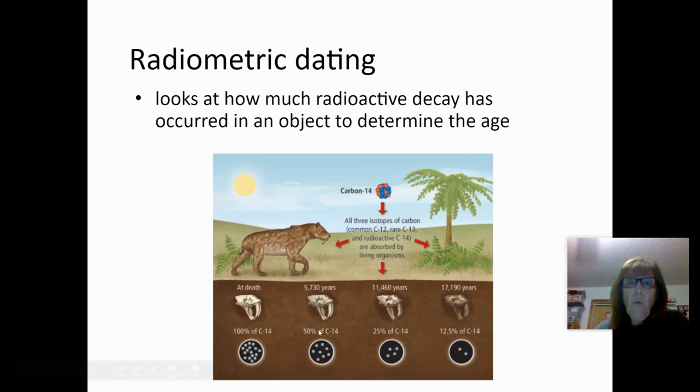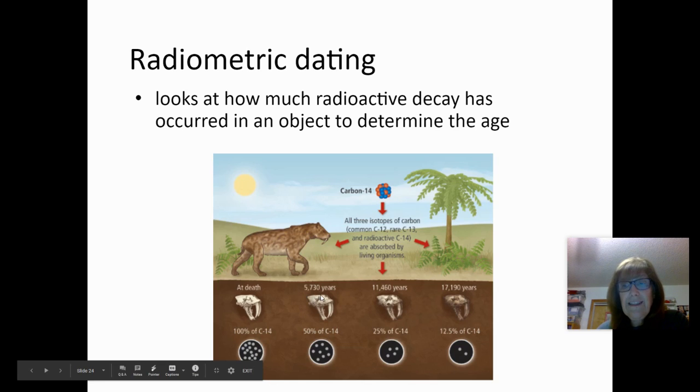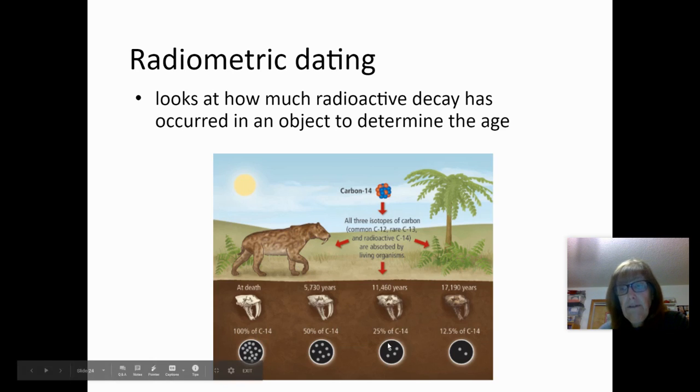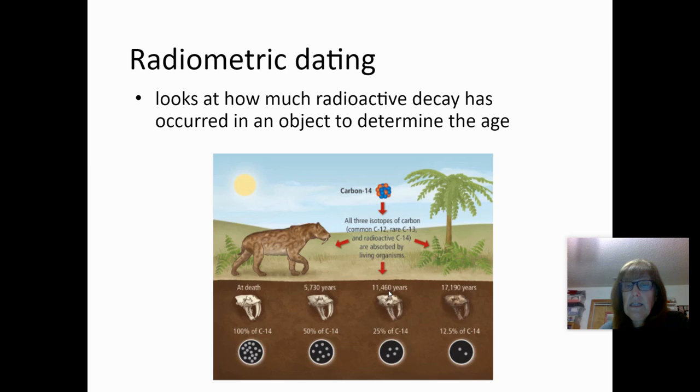So if we know 1 half-life is 5,730 years, we can multiply. If we pass another half-life, so 50, half of 50 is 25, we know that we have gone 1 half-life, 2 half-lives, and we can take 5,730 and multiply it by 2, and you'll get 11,460 years.